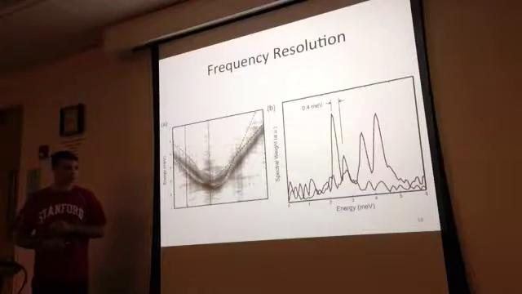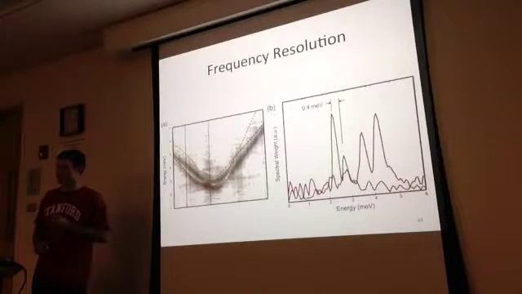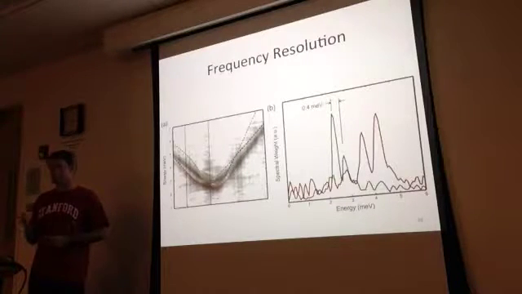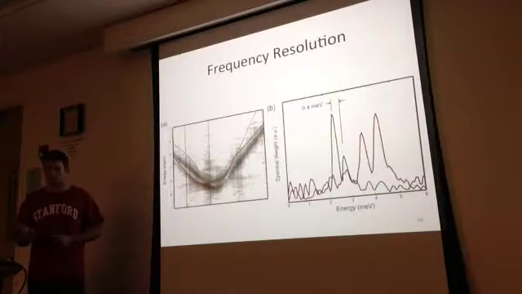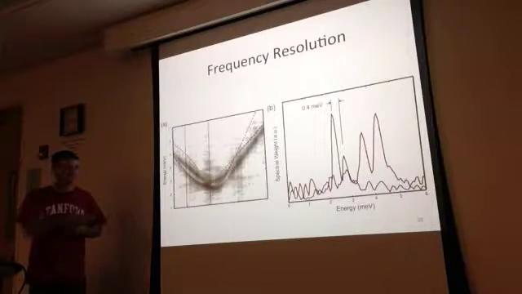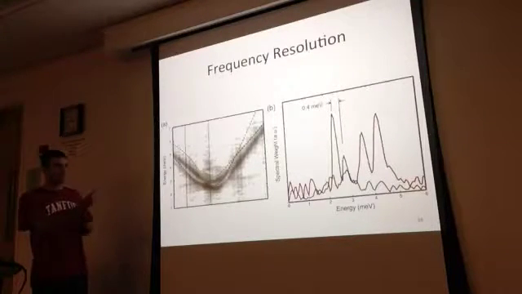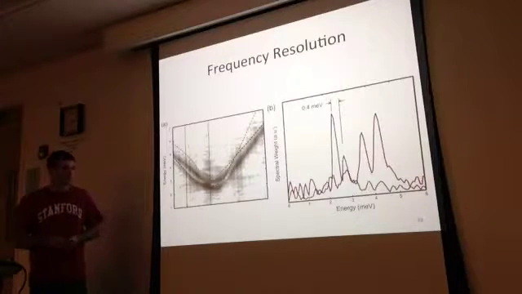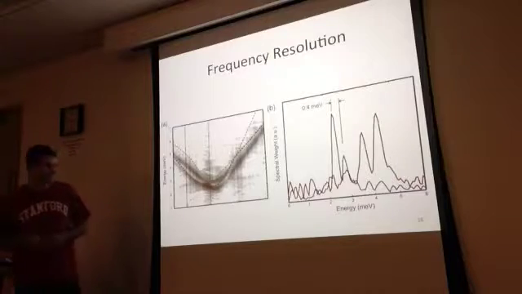And there are a lot of things we can do to improve this resolution. In fact, as far as we can tell, the only fundamental limit to what energy or frequency resolution we can achieve is how long you scan the delay. Basically, how finely sampled your Fourier transform is is given by how long you measured in time. So, I think the future for this technique is very bright, pun intended, because LCLS is bright.